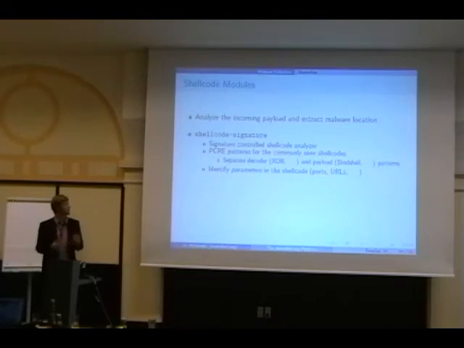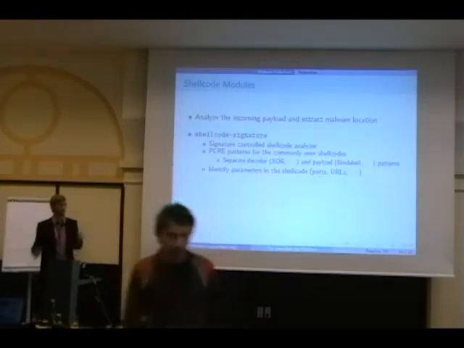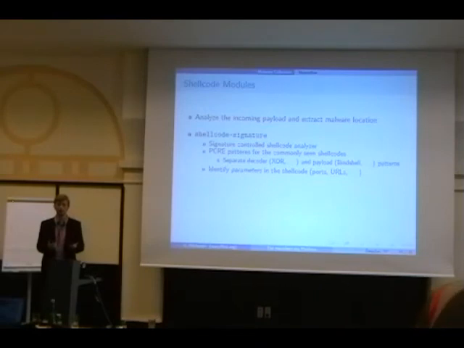And there are 2 modules. The first one is shellcode signature, which works like common antivirus software today. It has patterns for the usually occurring shellcodes, and these are PCRE patterns. It has certain parameters like which host to connect back to, or which ports to bind the shell to, or for the simple decoder shellcode parts, there's just an XOR key or whatever.